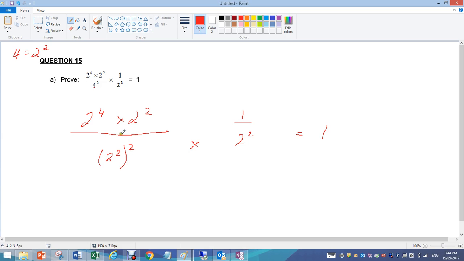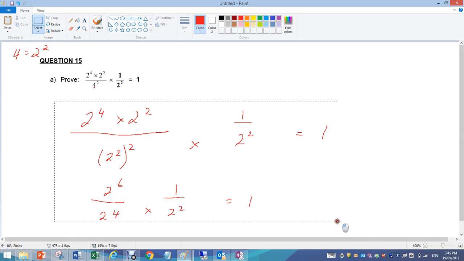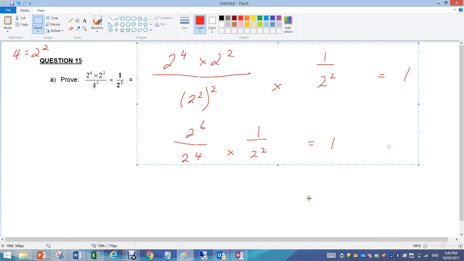Okay, so let's keep going. 2 to the 4 times 2 to the 2 is 2 to the 6. 2 squared, squared is 2 to the 4. Okay, so then we can do the fractions. 2 to the 6 times 1 is 2 to the 6.